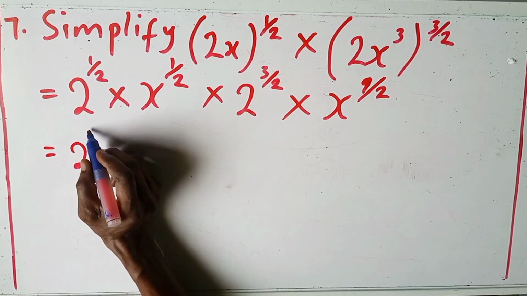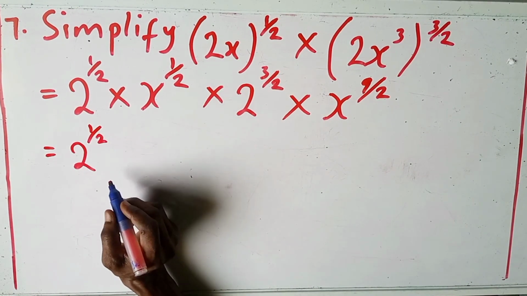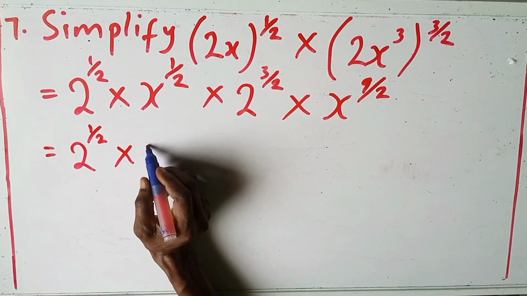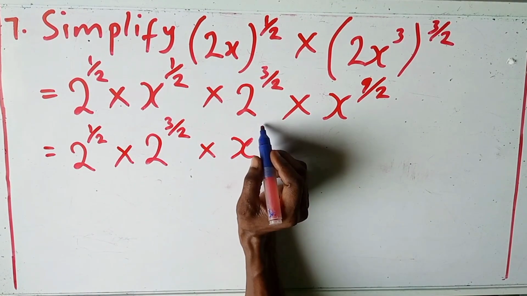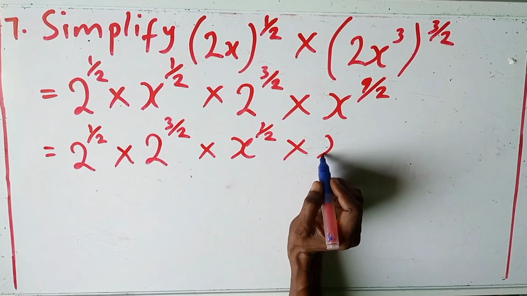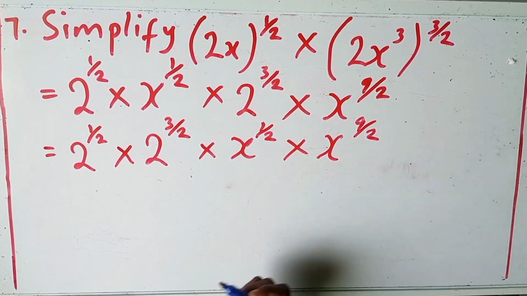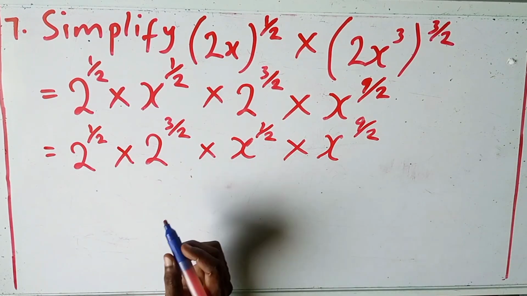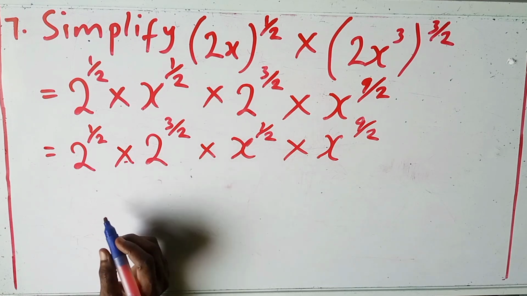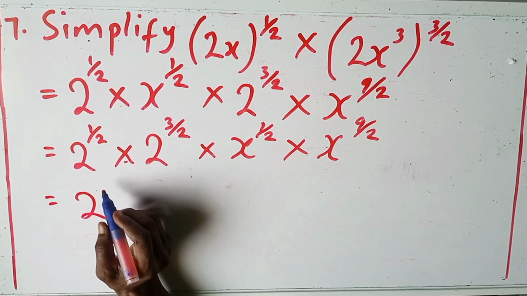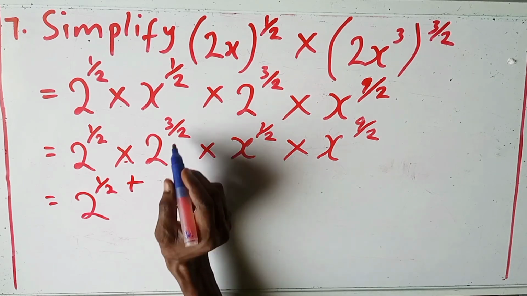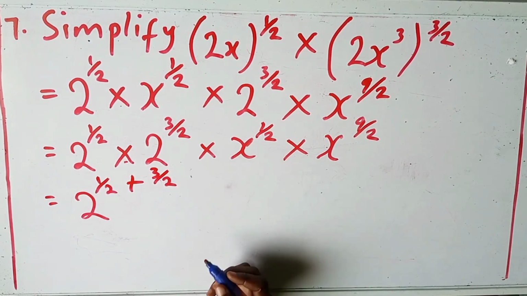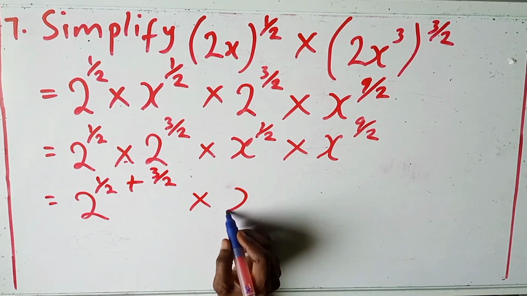So we have 2 raised to power 1 over 2 times 2 raised to power 3 over 2 times x raised to power 1 over 2 times x raised to power 9 over 2. Since the twos have the same base, and remember, in your indices, multiplication is addition, that's what we actually used here.